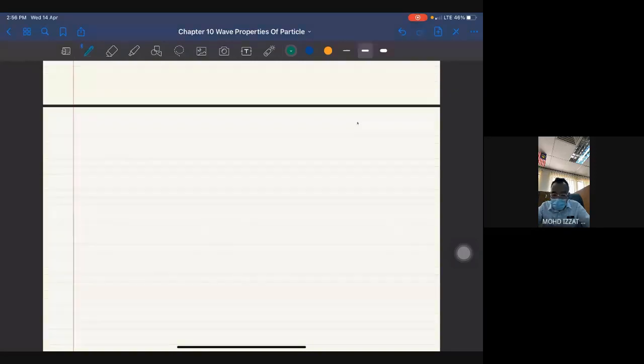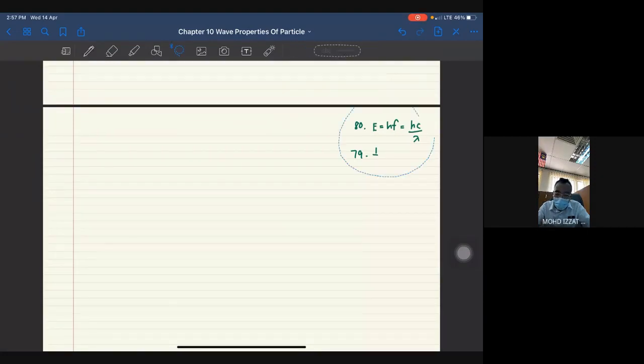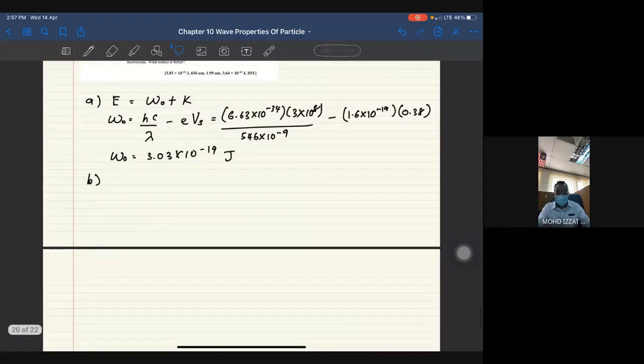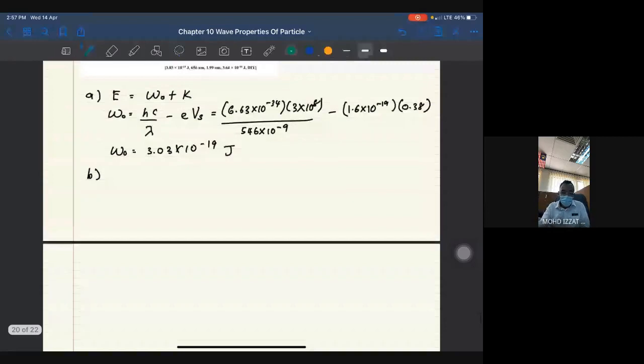Okay, equation 80, which is E equals hf or hc over lambda, and 81. Kalau banyak sangat lah, malas nak tulis. Okay, balik semula ke sini. Kita nak pakai formula apa? How do you want to find the threshold wavelength?